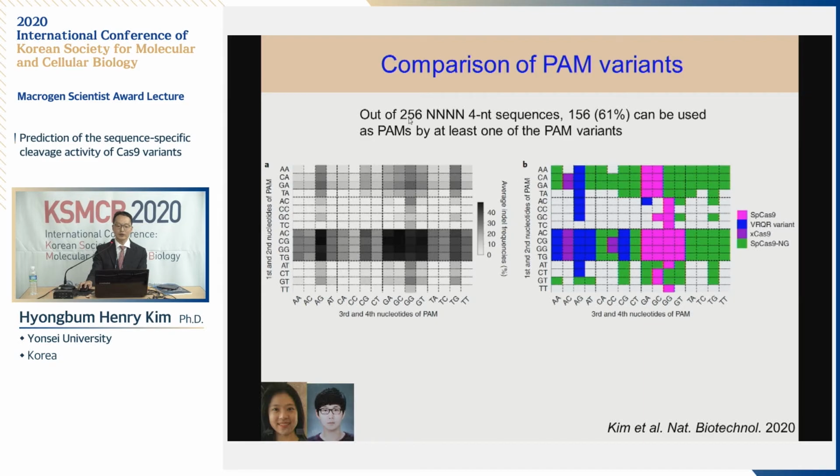Out of these 256 PAM candidate sequences, 61%, which is 156, can be used as a PAM sequence by at least one of the PAM variants. Among the PAM variants, SpCas9-NG showed the widest PAM compatibility. Next to it, wild-type SpCas9 and VRQR variants can be used for certain PAM sequences, and xCas9 also can be used for certain PAM sequences.